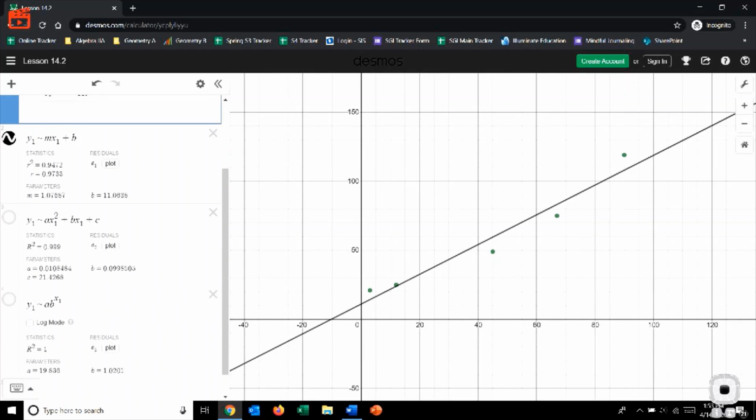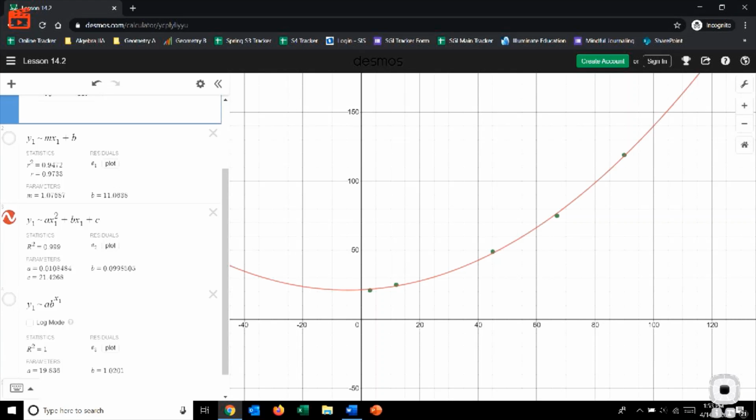Let's uncheck that one and let's check the quadratic function. Now, the quadratic does look like it fits well because most points are on the parabola. There's some that are a little bit off, but overall, this looks better than the linear one. And if we look at our r squared, that is 0.999, which is really close to 1.